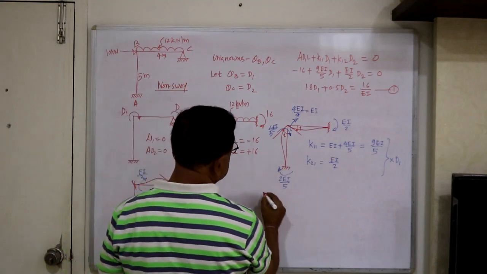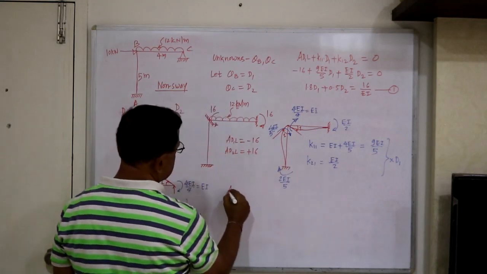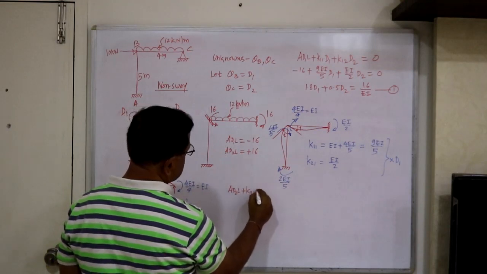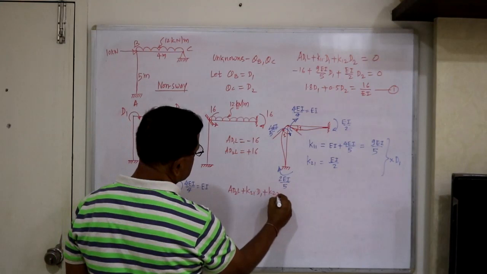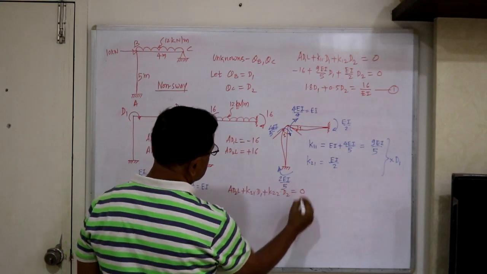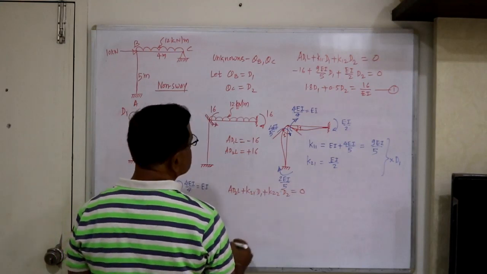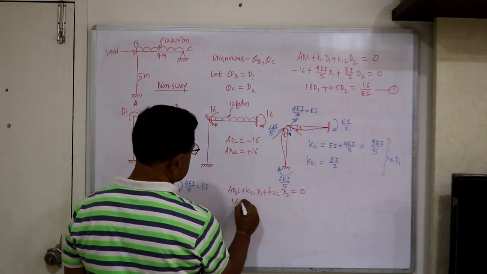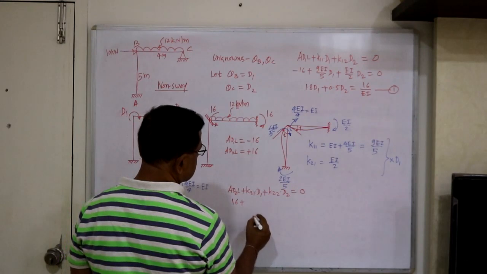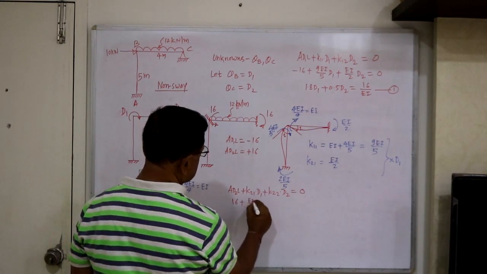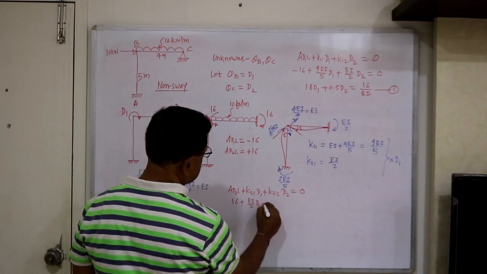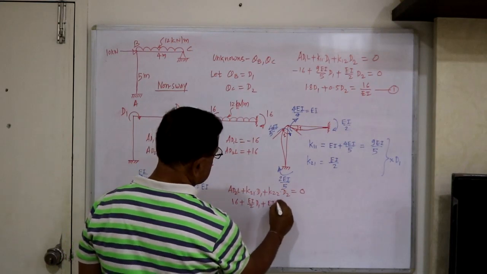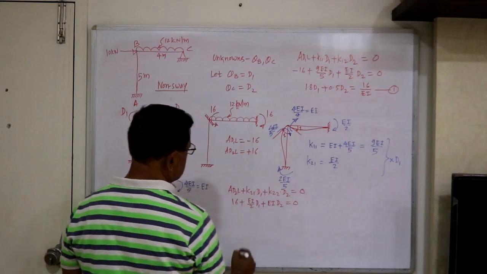Then second equation, AD2L plus K21 D1 plus K22 D2 equal to 0. So this is 16 now, plus K21 is EI by 2 D1, K22 is EI D2 equal to 0.